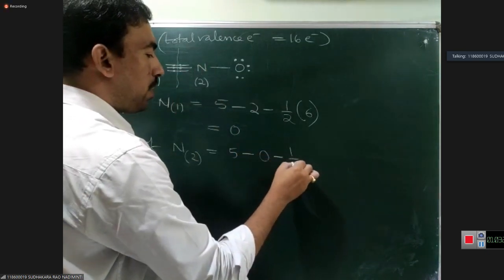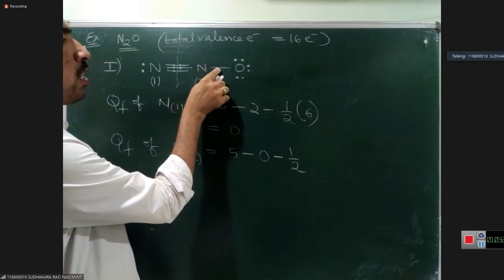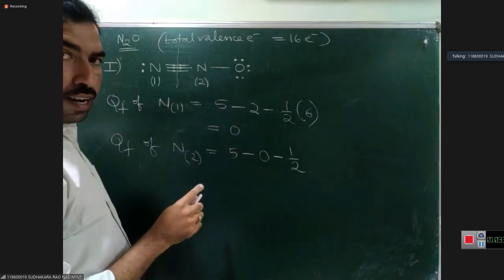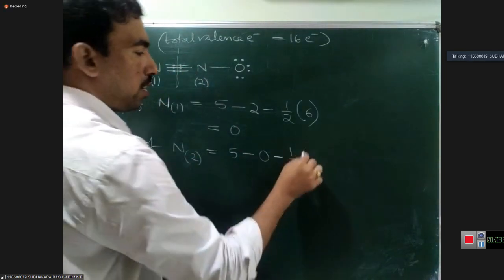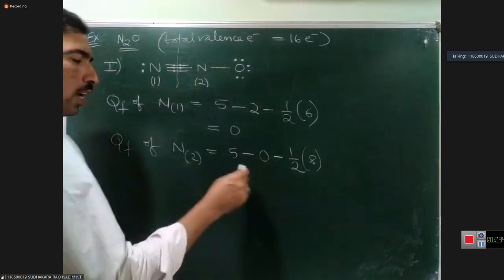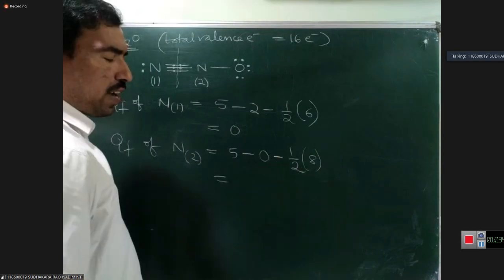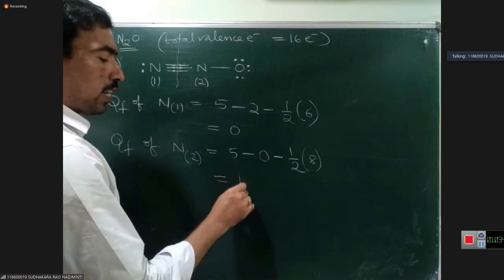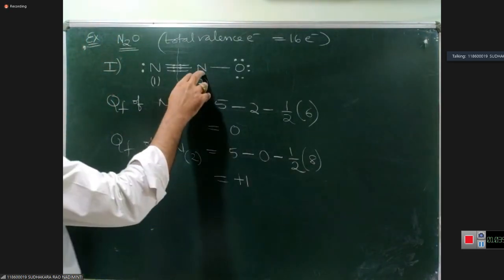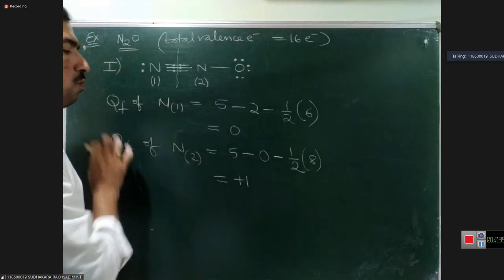Minus half into, this nitrogen contains totally 4 bond pairs: 1, 2, 3, 4. 4 twos are 8, so 8 electrons present as bond pairs. So you will get 5 minus 4, which is 1, that is plus 1. So the second nitrogen formal charge is plus 1, and the first nitrogen formal charge is 0.